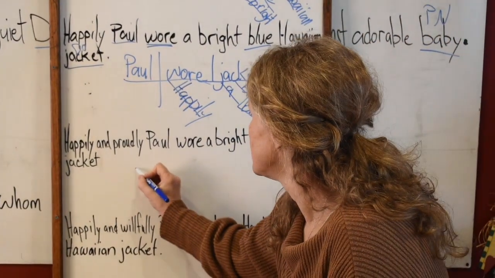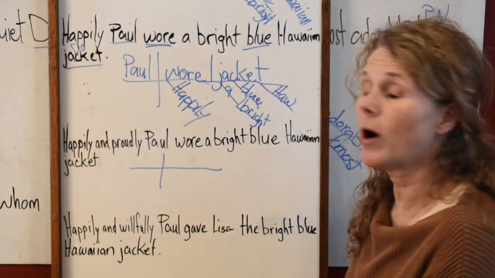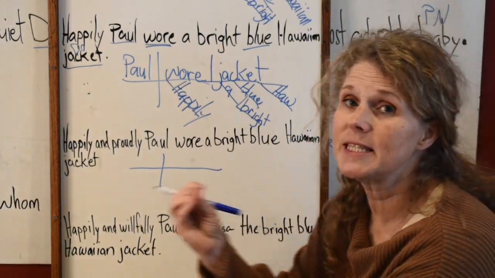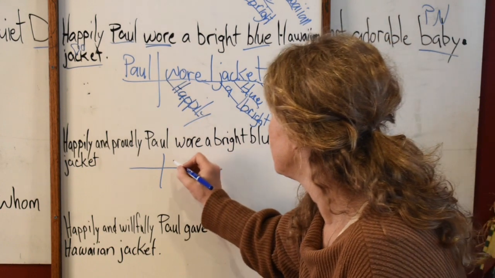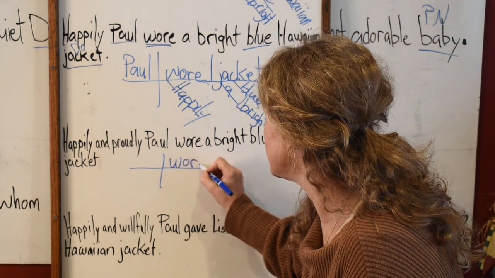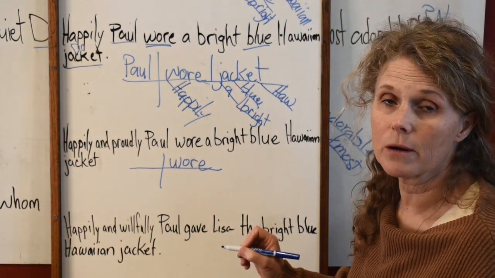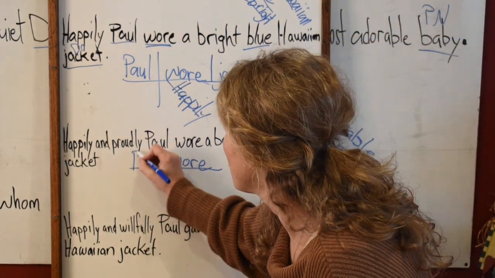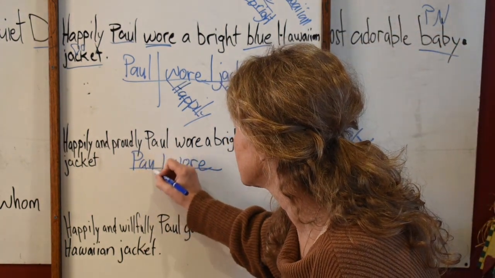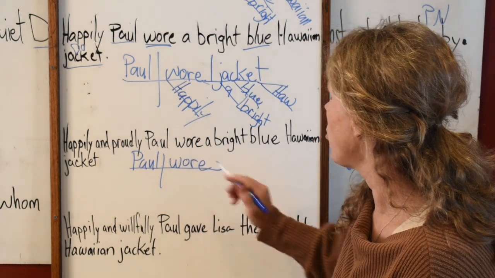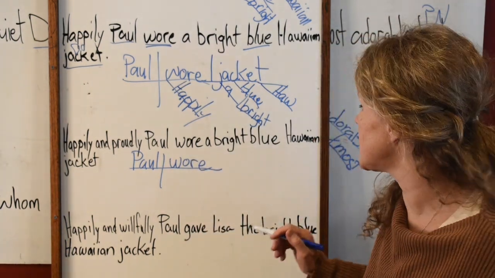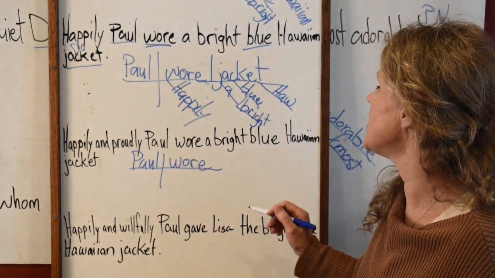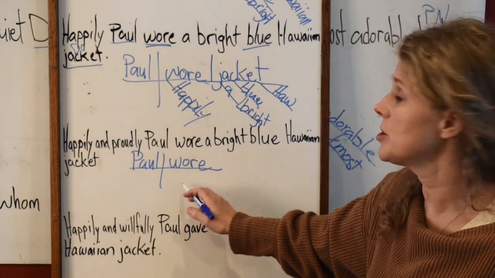All right, so we're gonna come up a little bit. What's your verb? What's the did? Wore. They wore. That's the did. Who wore? Paul. Paul wore. That's your subject. Now we have a direct object in this sentence that is receiving the action of the verb.